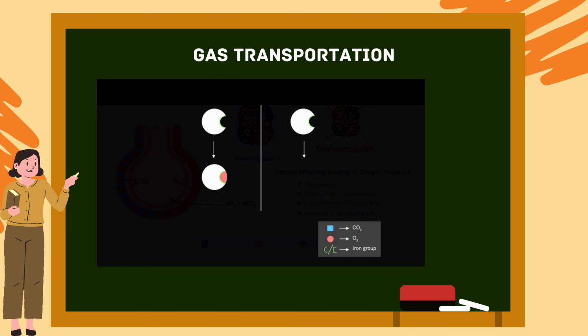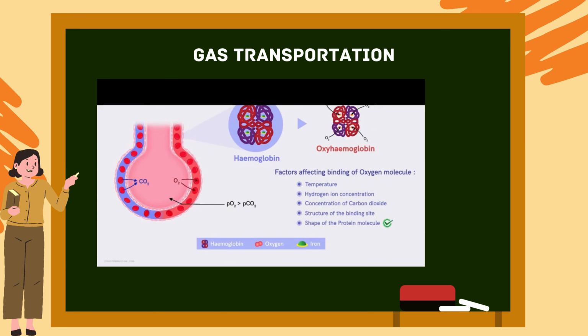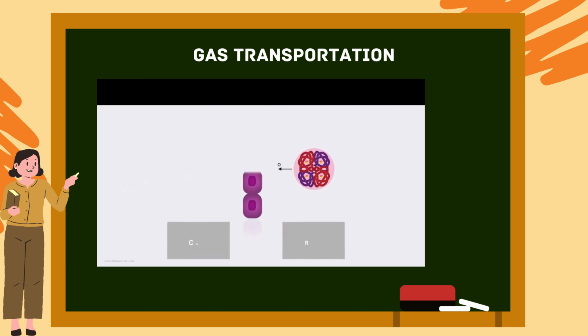So here, when the iron group binds to the carbon dioxide, the shape of the protein changes reversibly. Now when the oxygen is about to bind, the change of shape has to be reversed. So this is one more influential factor for the binding of oxygen. After all the factors are met, oxygen molecules bind to the iron group and form the complex of oxyhemoglobin.